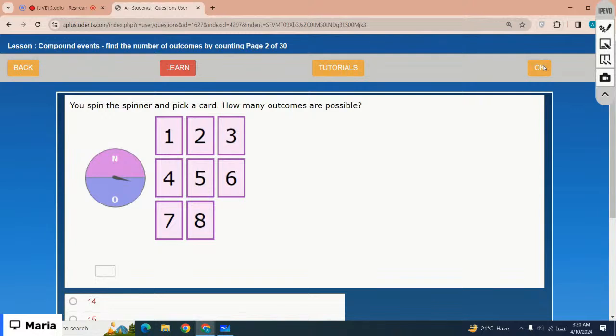Yes, the correct option is 8 times 2 is 16. So you have total 16 outcomes. The correct option is 16.